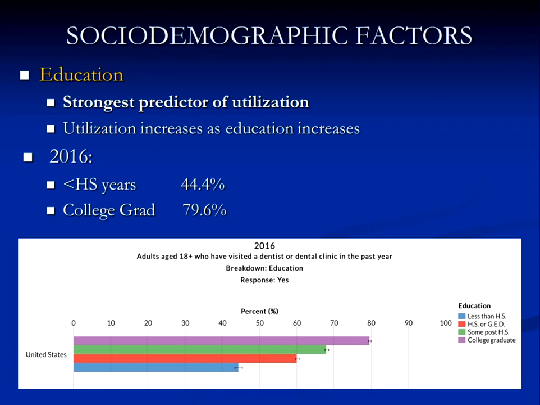But among people that had graduated college, close to 80% went to the dentist in the past year. The types of services also differ within the educational level. People that have higher educational attainment tend to get more of those preventive services, whereas people with lower educational attainment are more emergency based or extractions.